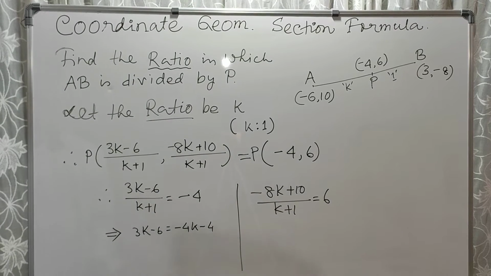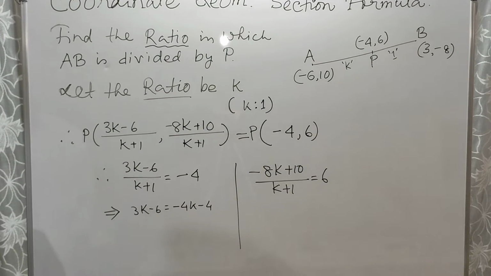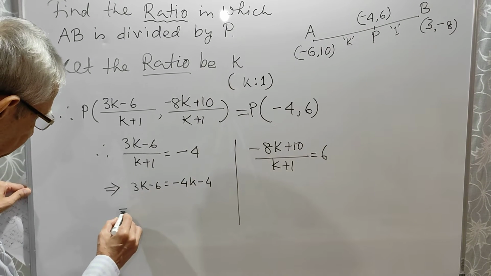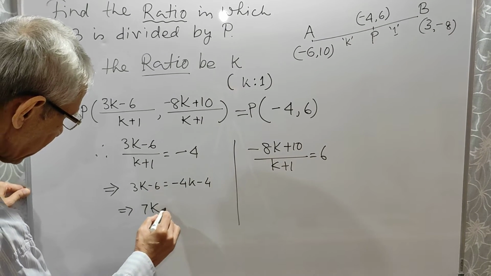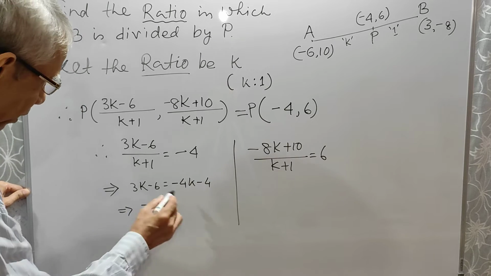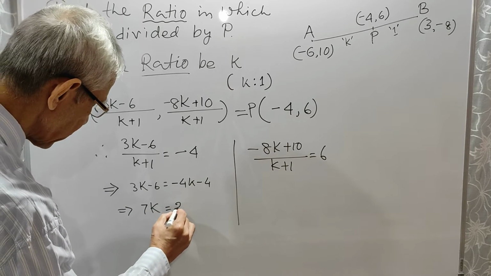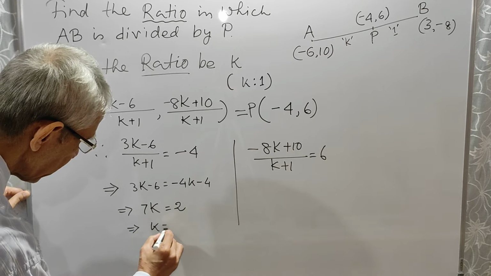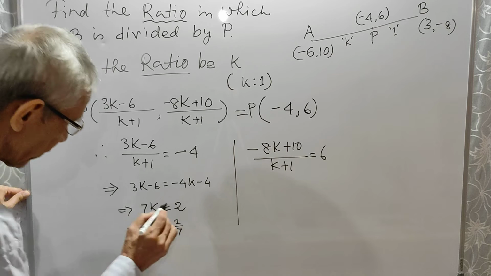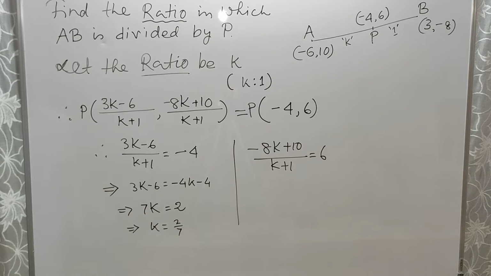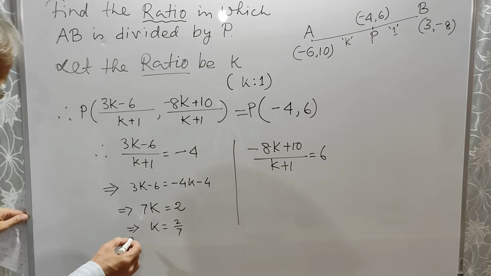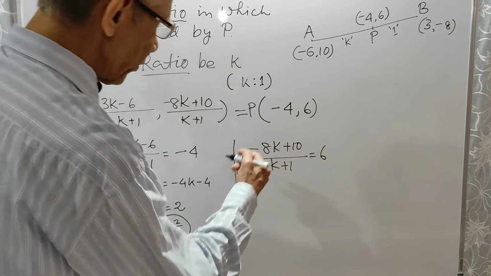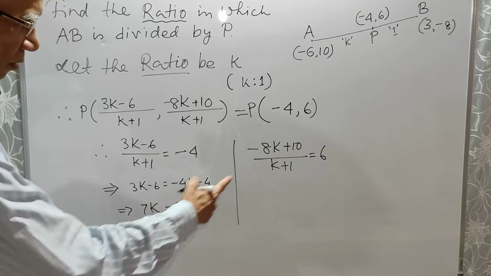So 3K minus 6 minus 4K minus 4 gives us 7K equal to minus 4 plus 6, that is 2. 7K equal to 2, therefore K equal to 2 by 7. So we got the ratio 2 by 7, that means 2:7.